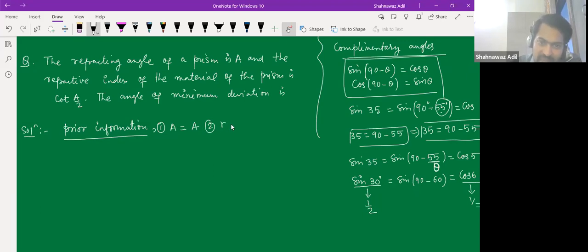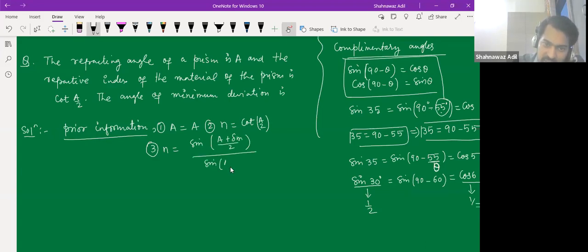N is cot A by 2, right? Yes, sir. And what else do we know? We know that N is sine of (A plus delta m) by 2 over sine of A by 2. These are the three things we know, right?